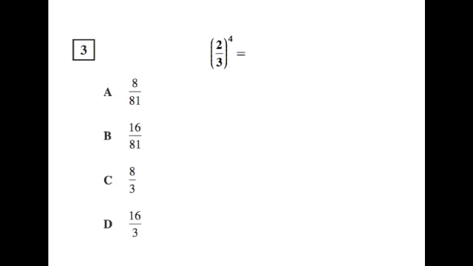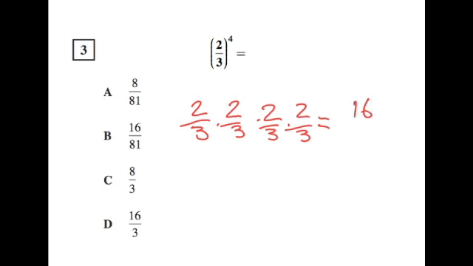So this is going to end up looking like 2/3 times 2/3 times 2/3, and one more time 2/3 because there are 4 of them. So 2 times 2 is 4, times 2 is 8, times 2 is 16. 3 times 3 is 9, 9 times 3 is 27, and 27 times 3 should be 81.